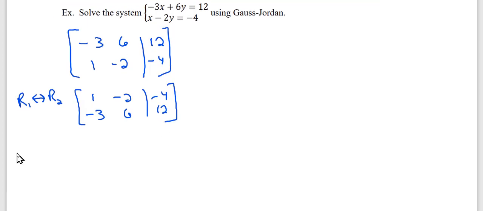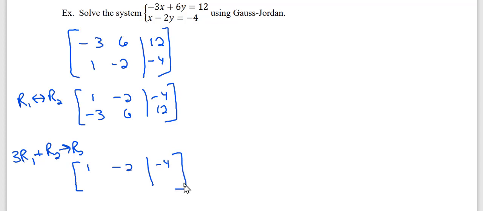Then I want a 0 where that -3 is. I get that by doing 3 times row 1 plus row 2 and putting it in row 2, not changing the first equation, the first row.